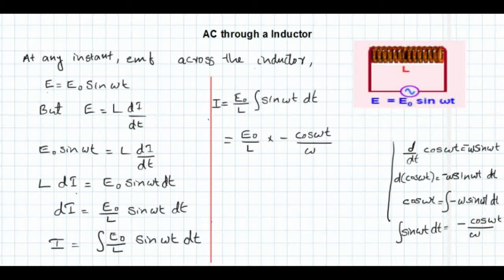So this is the result. This I is equal to E0 by L into integral sin omega t dt, then E0 by L into this part is equal to minus cos omega t divided by omega.